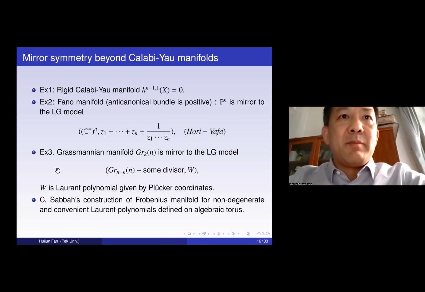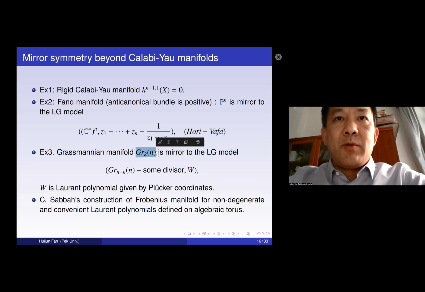The third example comes from the study of non-abelian examples. We can consider the Grassmannian manifolds, Gr(k,n). Its mirror is also an LG model. This Grassmannian represents the space of k-planes in C^n.